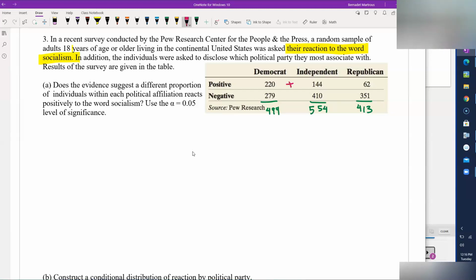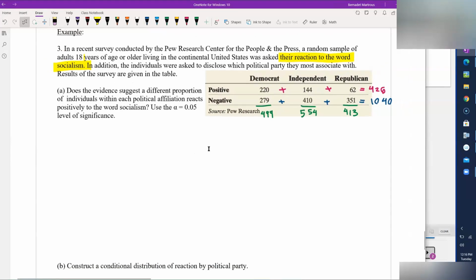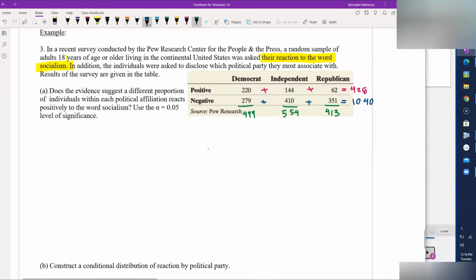So here the sum is 426, and here is 1040. The table total is 1466.